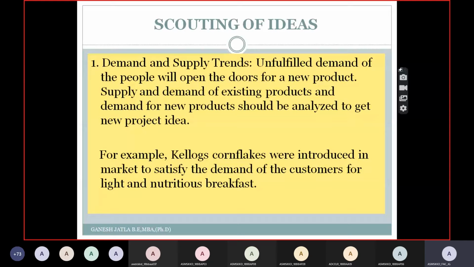So to minimize this and provide nutritious food, Kellogg's has introduced this light and nutritious breakfast, which is an easy method where you can mix it into the milk and have it fast, within 2 minutes. Likewise, the noodles also, Maggi noodles, 2-minute noodles, where you can satisfy the desire of hunger. So these are the aspects based upon the demand and supply trends.